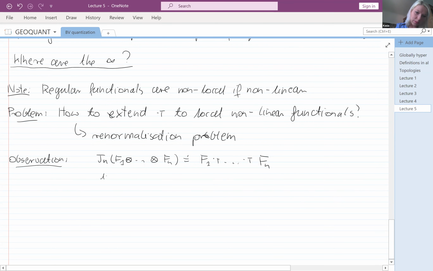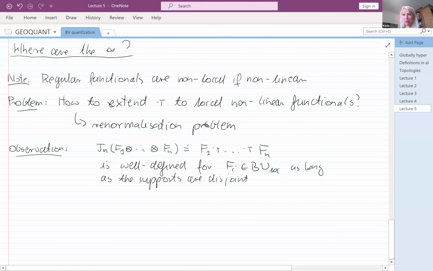So this is well defined for Fi in, say, the space of local functionals, as long as the supports are disjoint.